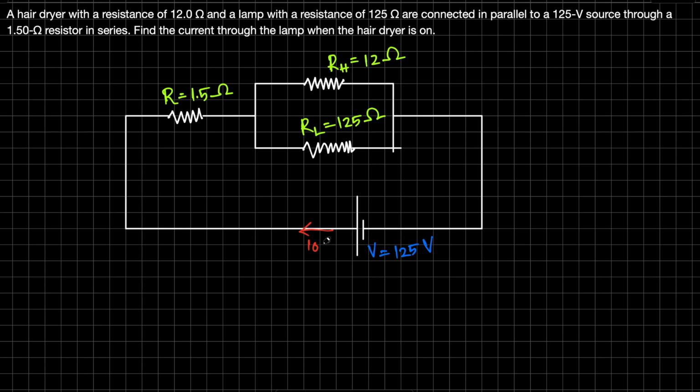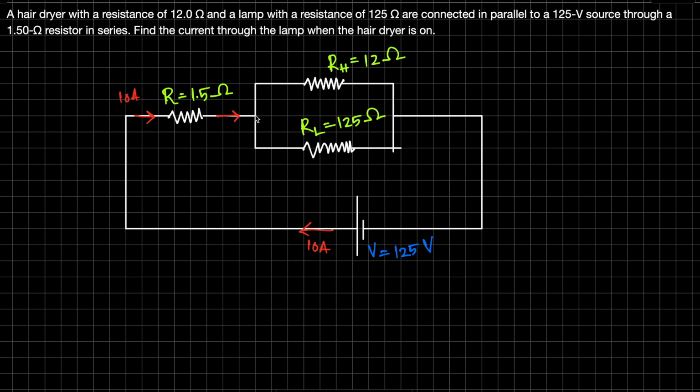10 amps current is flowing through the battery. Okay, just a random number. The same number of charges would be flowing through resistor R, that is 1.5 ohms, 10 amps, right? There is no other path for the electrons to flow. So the same 10 amps current would be flowing through R as well.